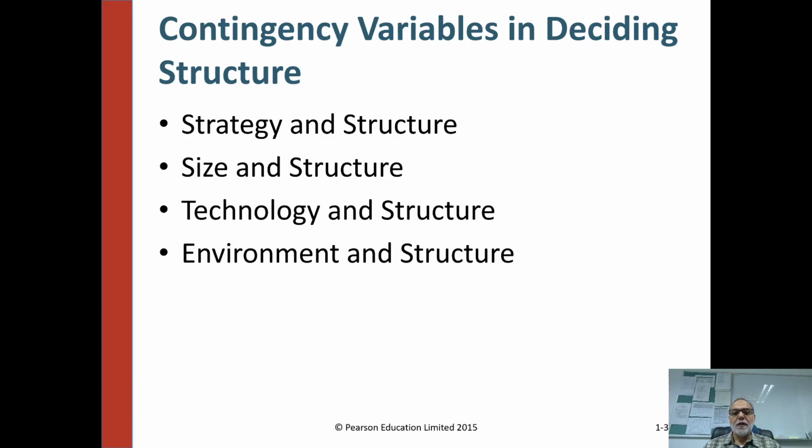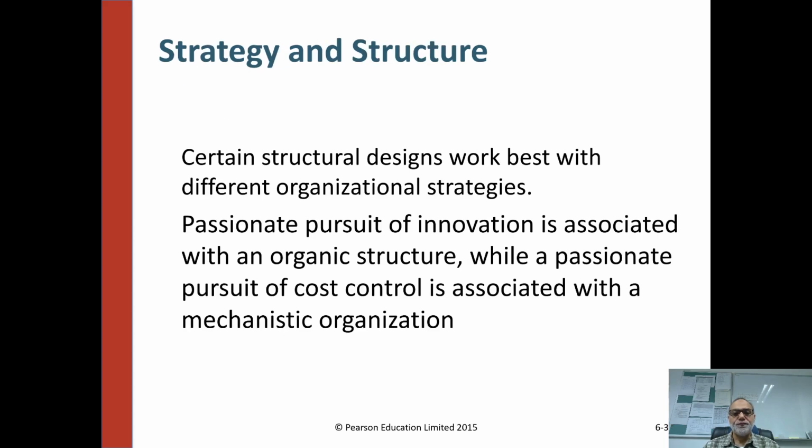Now, what are the contingency variables in deciding the structure, either mechanistic or organic? We will discuss strategy and structure, size and structure, technology and structure, and environment and structure. First, strategy and structure.